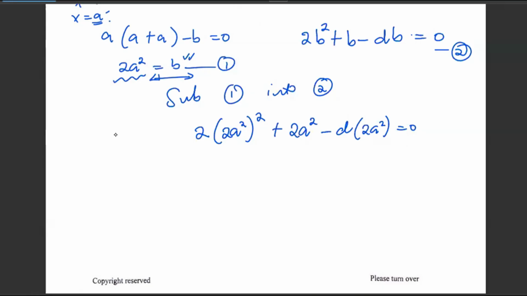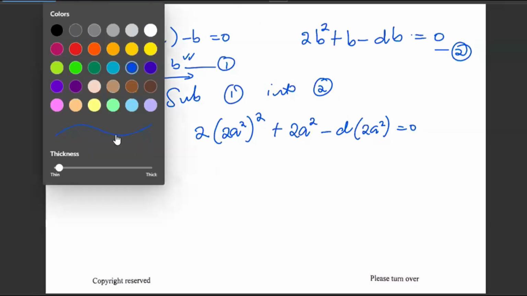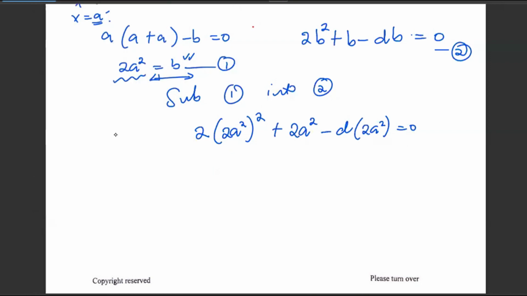This is going to be 4a to the 4, then multiplied by that, which is 8a to the 4. But why must I open that up? Because I'm seeing something that is easier to approach, like there's a 2a squared everywhere. Divide by 2a squared.